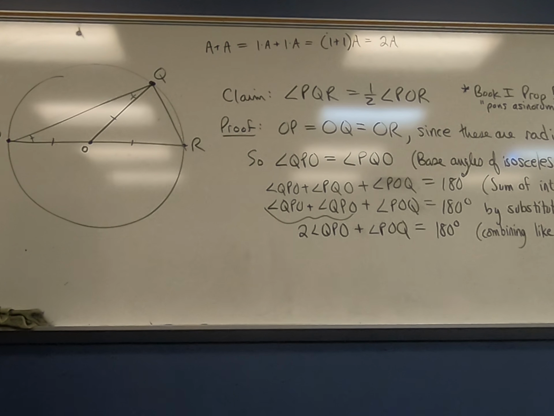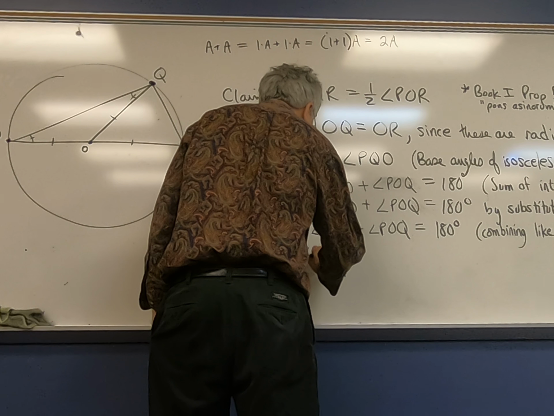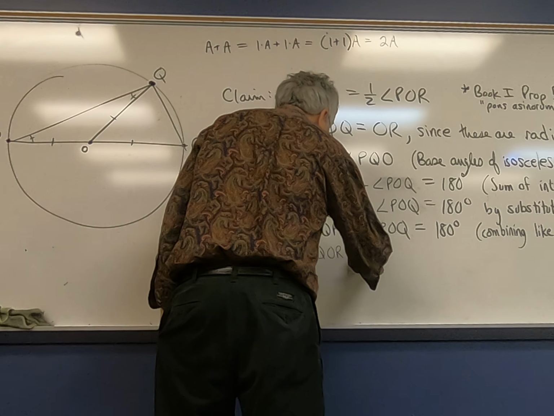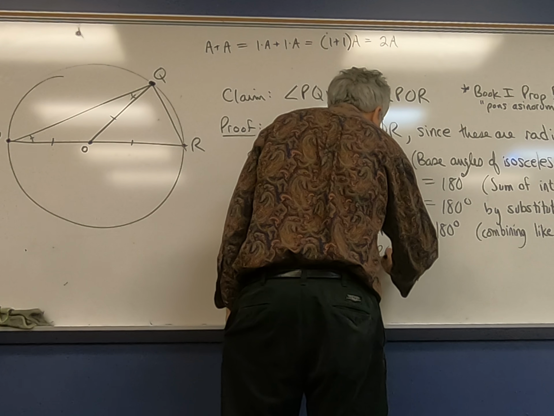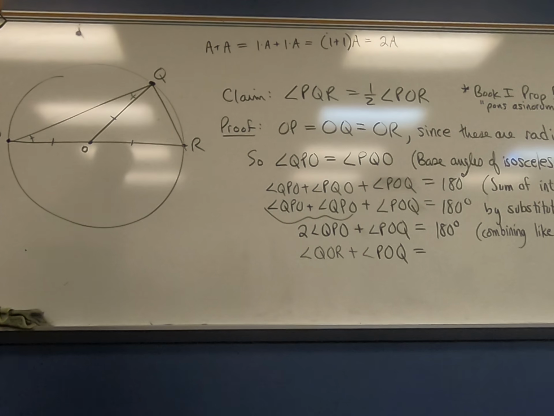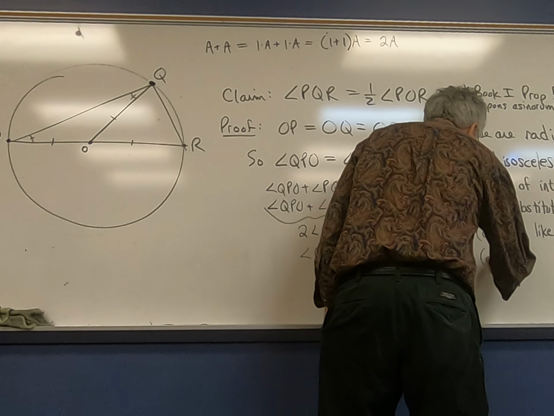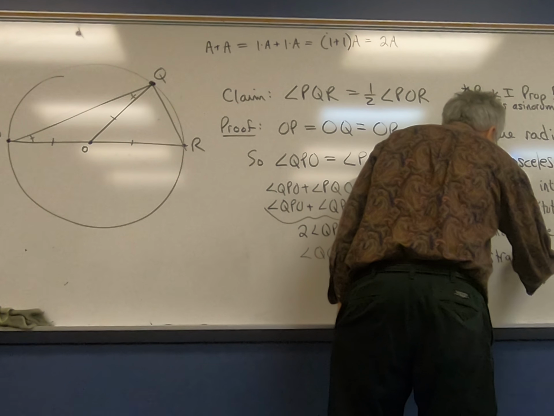So POQ plus QOR. Okay, so let's write that. What do we know? Angle QOR plus angle POQ, what's that? Yeah, 180, it's a straight angle. So the justification for that is to say it's a straight angle.